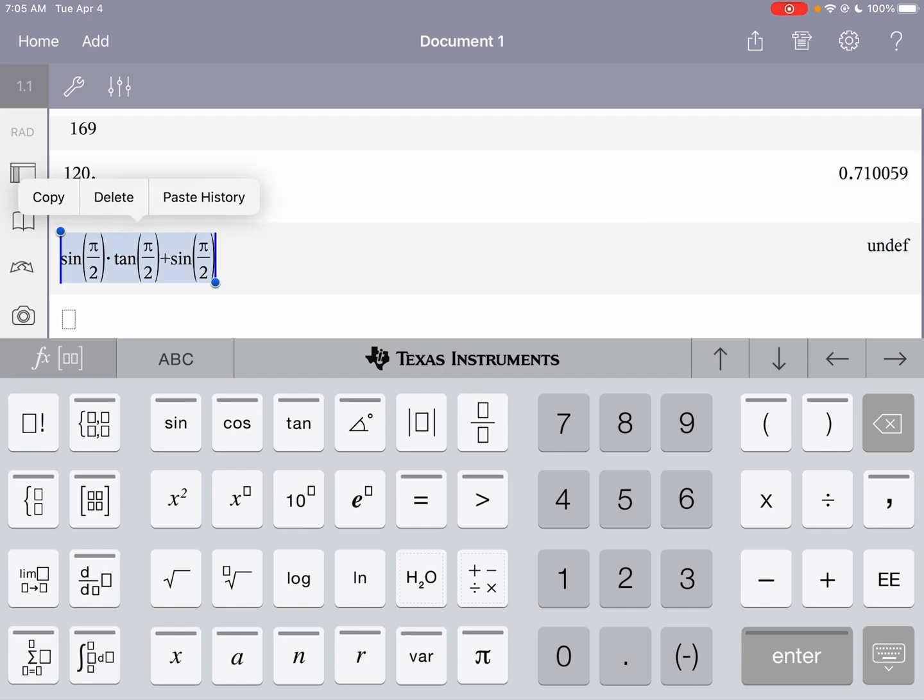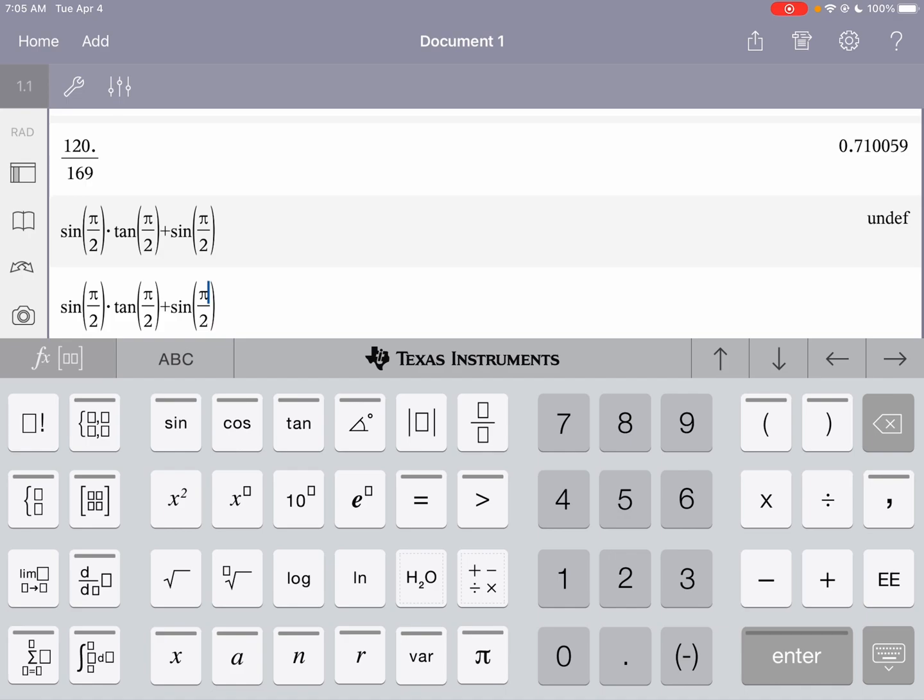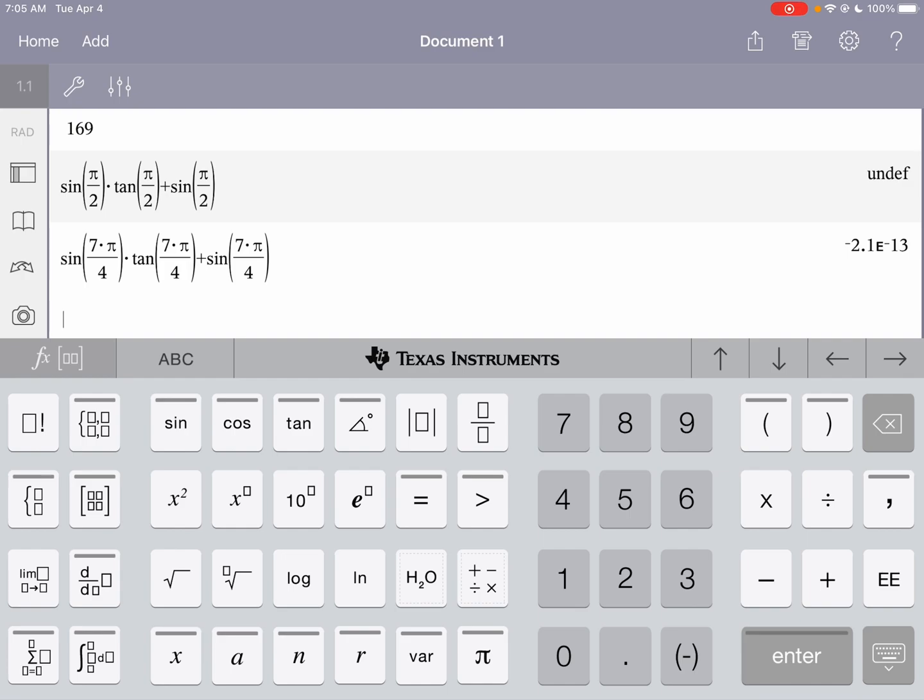Again, if you go up 2 times, you press enter. All you have to do is change that angle to 7 pi over 4. So I changed all my angles and I get this right here.